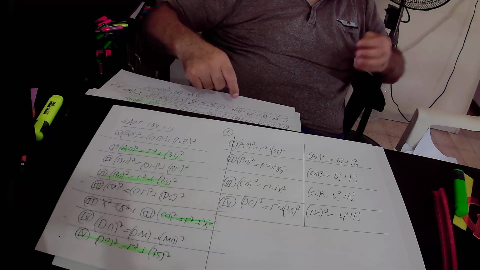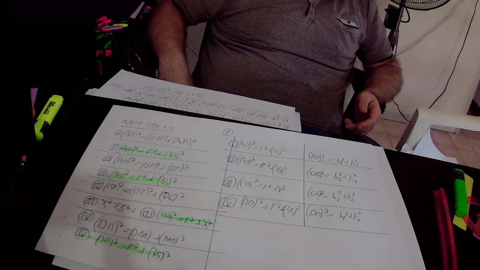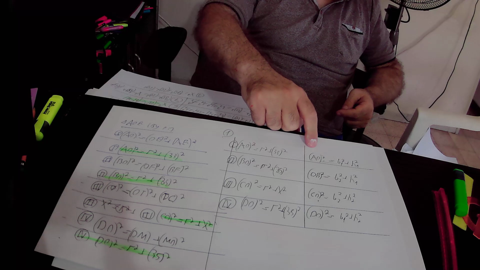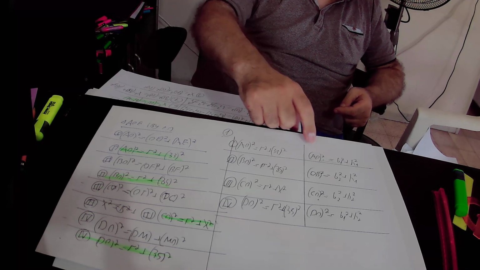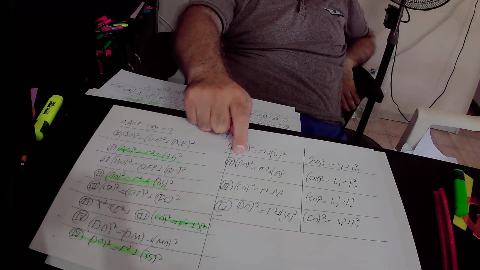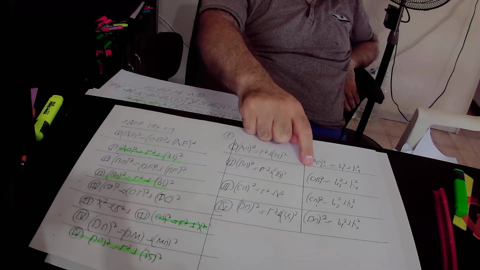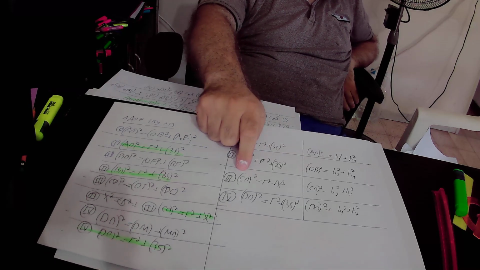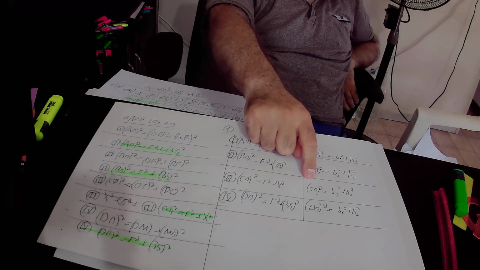Then we created four more equations by the statements that AO square according to equation number 1 must be equal to AO square according to equation number 2. This is the first equation. Then we created the second equation, that BO square according to equation number 1 must be equal to BO square according to equation number 2. Then we created the third equation, that CO square according to equation number 1 must be equal to CO square according to equation number 2.